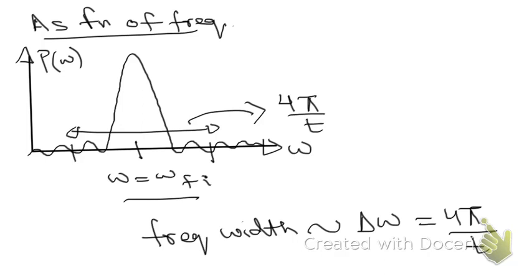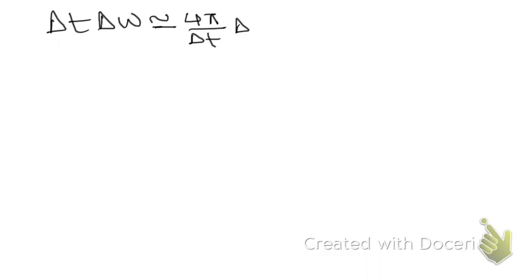So then we can go ahead and write this as delta t times delta omega is approximately equal to 4 pi over delta t, that's my delta omega, times delta t.